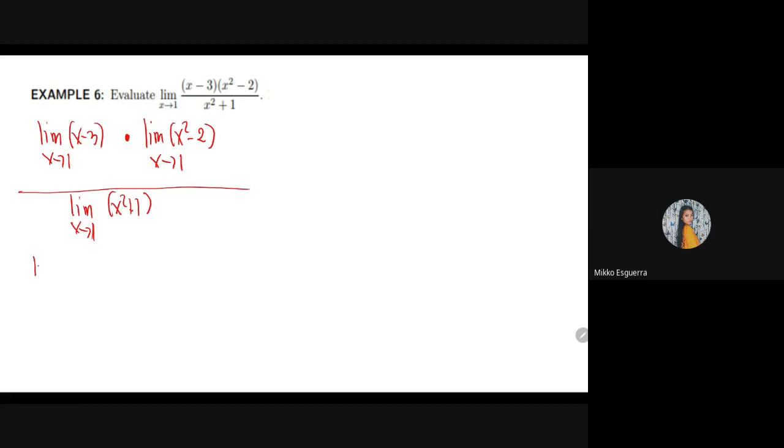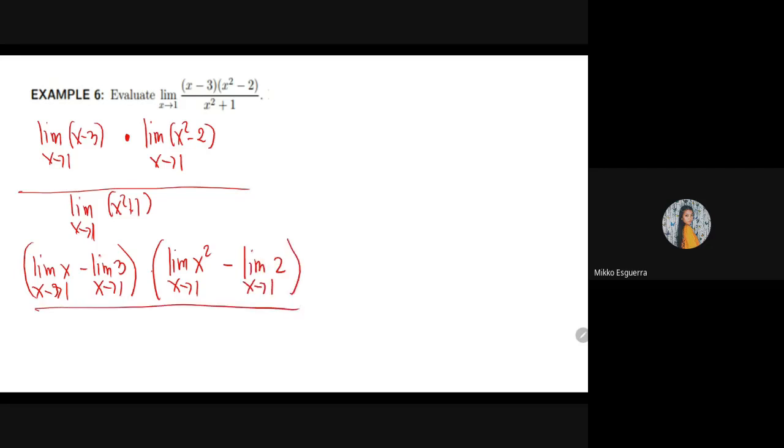Then the limit of x minus the limit of 3 as x approaches to 1 multiplied by the limit of x squared as x approaches to 1 minus the limit of 2 as x approaches to 1 all over the limit of x squared as x approaches to 1 plus the limit of 1 as x approaches to 1.